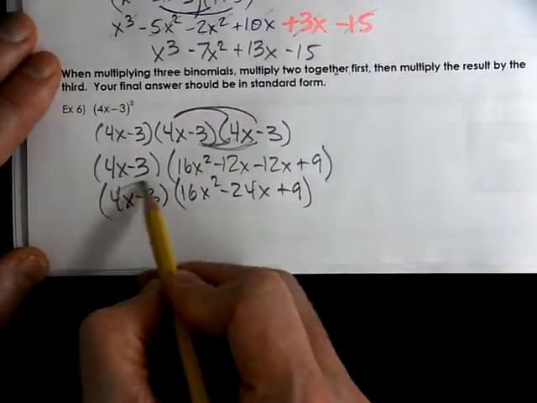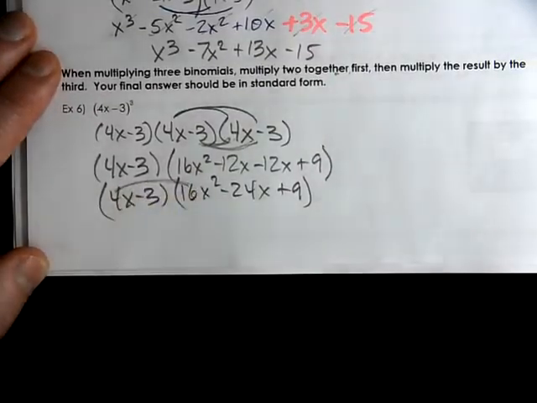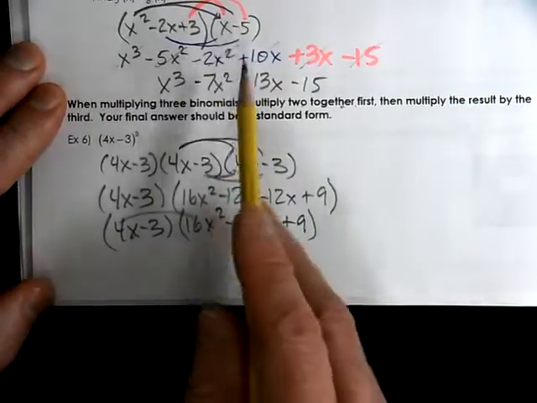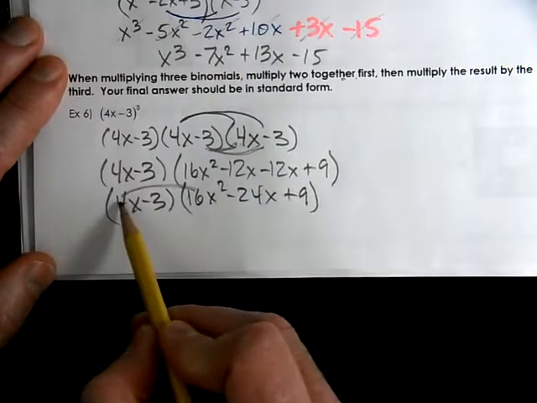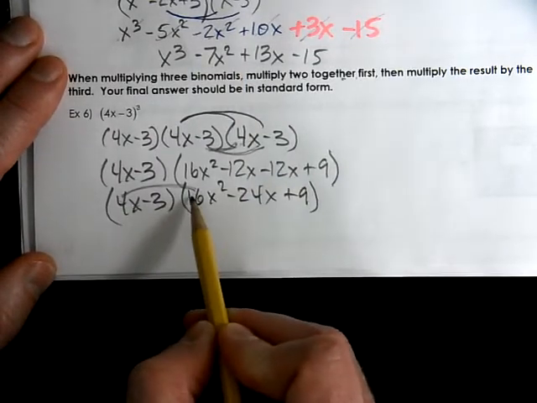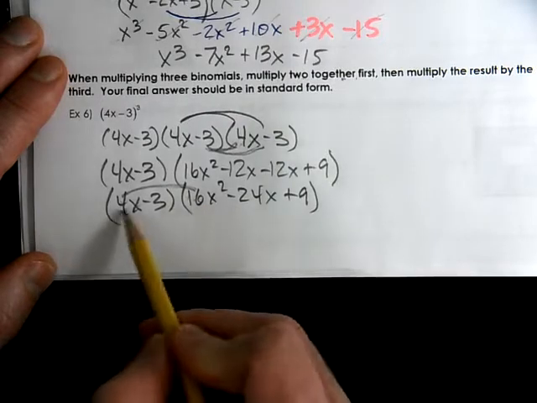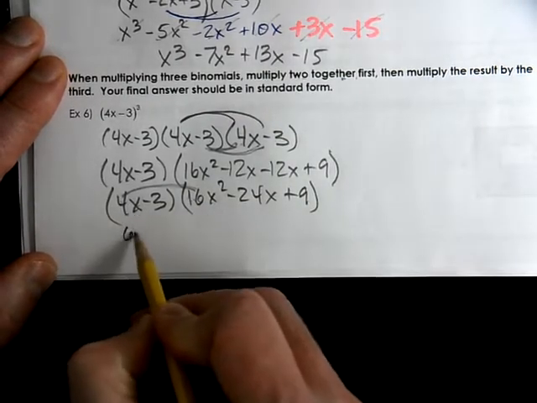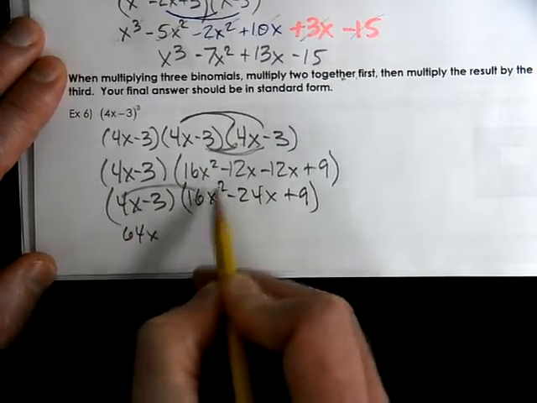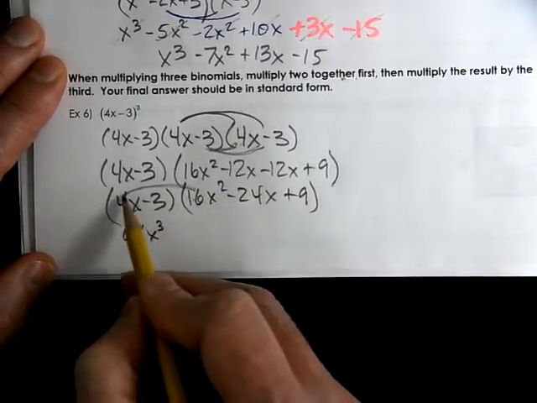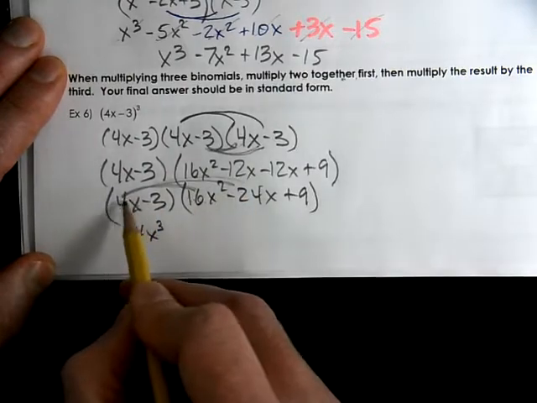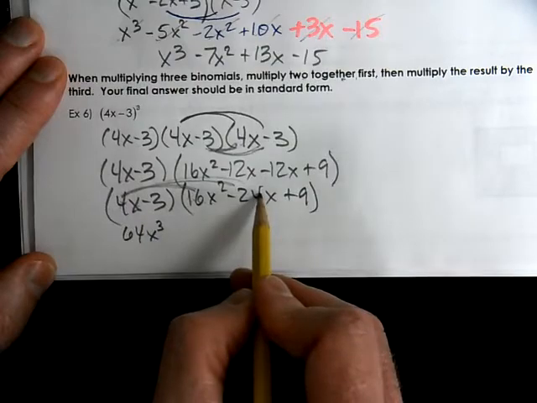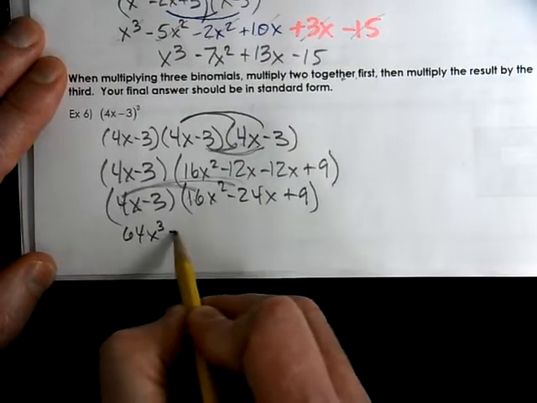Now we'll come through and multiply by the 4x to all three terms, just like we did in the previous problem. So the 4x, 4 times 16. Well, 2 times 16 is 32, so another pair of that is 64. 64x to the third power. 4 times 20 would be 80, and then 4 times 4 would be 16, so this is 96.